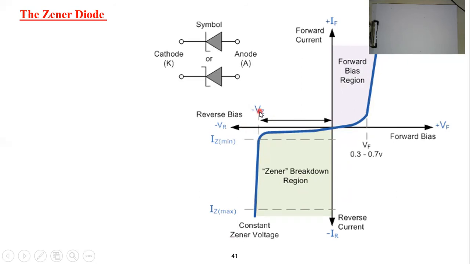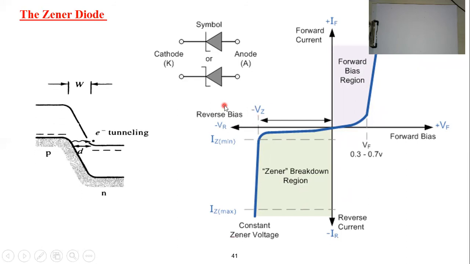What do you mean by clip? I mean, whenever you increase your input, your output will be limited to VZ. For example, if you have an input of 5 volts, and you pass it through a Zener diode which has a VZ of 3 volts in the reverse bias, then what will pass will be only the 3, not the 5. So you clip or limit your voltage in the reverse to what's called VZ.